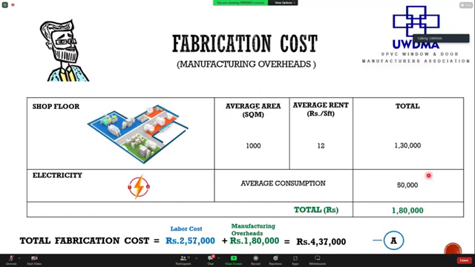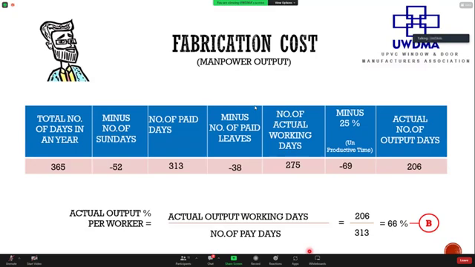And as I've told you earlier, any other cost, for example diesel cost for the generator or any other cost which is incurred, you can add it here. Then your fabrication cost, adding labor cost and manufacturing overhead, is coming to approximately 4,37,000, which can vary according to your inputs.